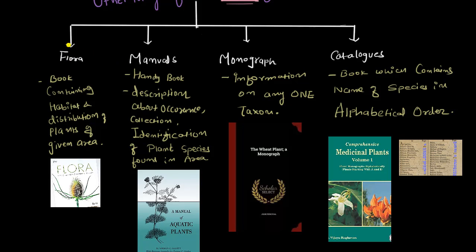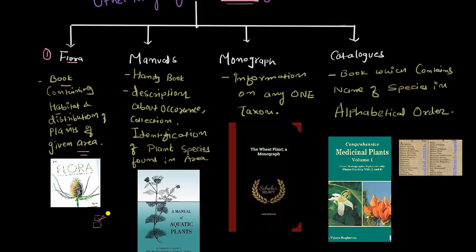Now, the very first one is called flora. And what is the meaning of flora? Flora means a book which contains the habitat and distribution of plants of a given area. For example, you went to Himachal and you see that this is the Valley of Flowers, and each such place has a particular area.